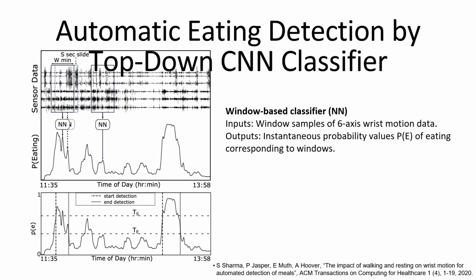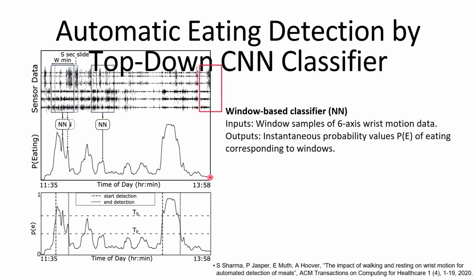And here is the model we use to identify eating behaviors. We use a window-based classifier. As we get the sensor data from the wrist motion, we slide windows on the sensor data, and the neural network classifier predicts the probability of eating for each time step.